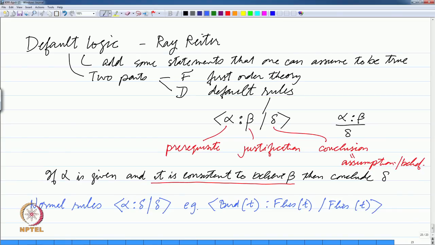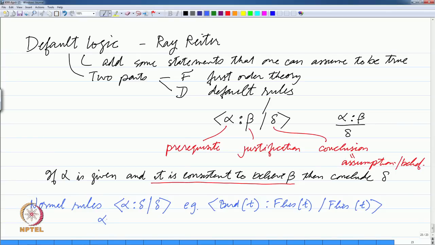Essentially, a normal rule associates a certain property with a certain class, and it says that it is normal to assume that property unless you can show otherwise. So, if it is a bird, then it is normal to assume that the bird can fly unless you can show that not flies, that particular bird, is true. We will also write normal rules as alpha with a double arrow delta, or here bird Tweety double arrow flies Tweety.